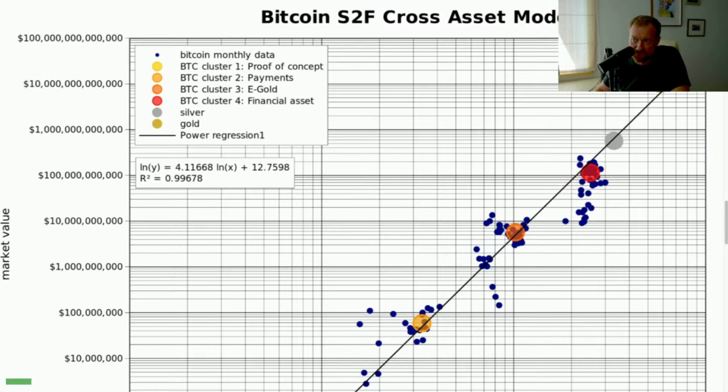If you tracked this over time, gold back in the 70s would be down here, and then it just moves up. Stock to flow stays the same. So you have a gold asset that moves vertically on this chart versus Bitcoin, which moves diagonally on this line, because that's the nature of Bitcoin.